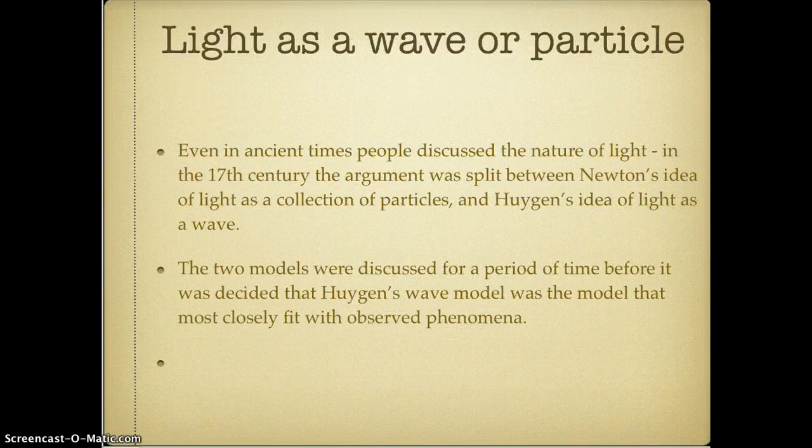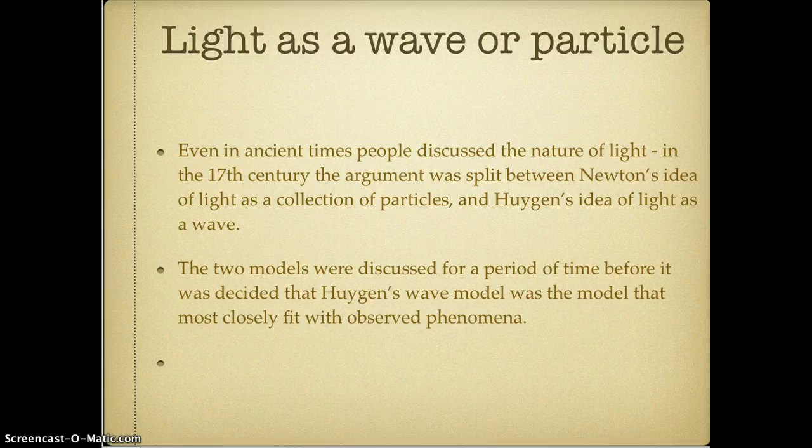So the first thing we're going to talk about is the duality between light being a wave or a particle. Even in ancient times, people did talk a lot about what light is. In the 17th century, the argument basically split between two people, Newton and Huygens.